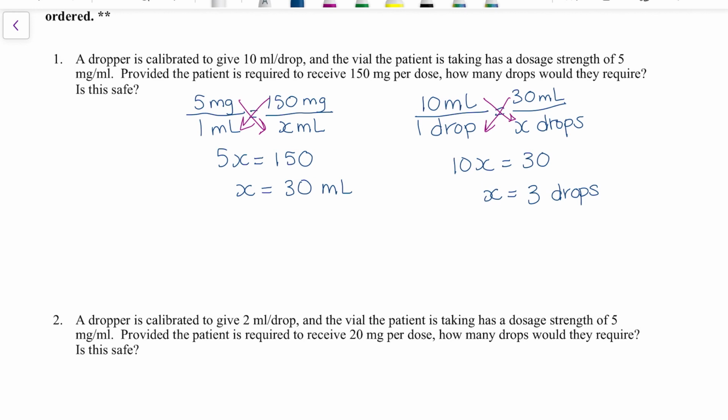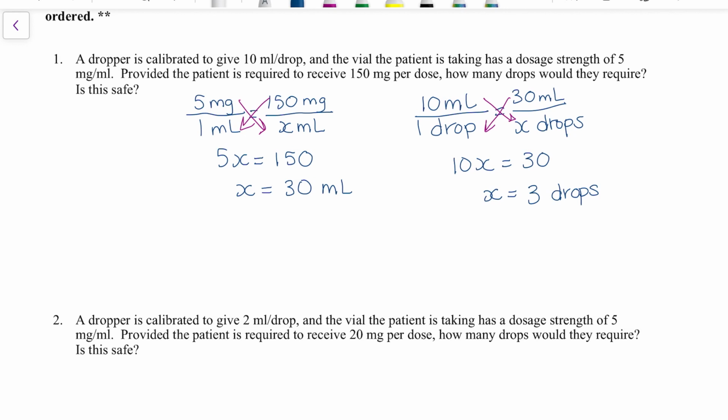Now, to determine whether it's safe, we're looking at that 10% variation here. We're not splitting capsules or tablets or anything like that. And there's not sort of like a 3-tablet rule here because it's a liquid. But the rule that it's mainly focusing on for is it safe is it within that 10%?